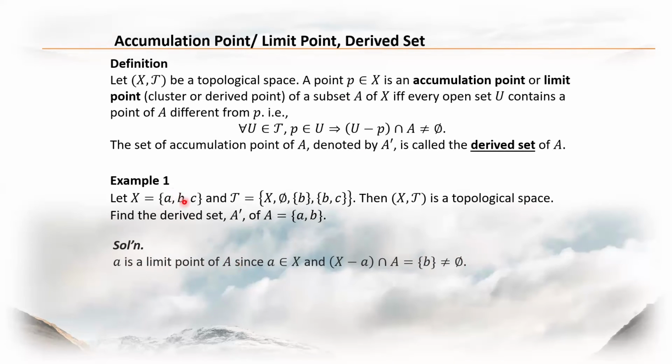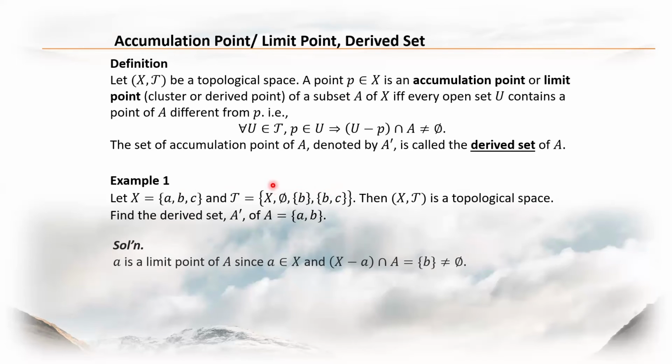Okay, now what about b? So let's check on b. Look at the sets belonging to tau. There are 3 sets that contain b. We have X, we have the set containing b, and the set containing b and c.